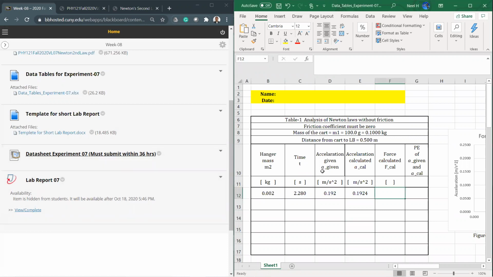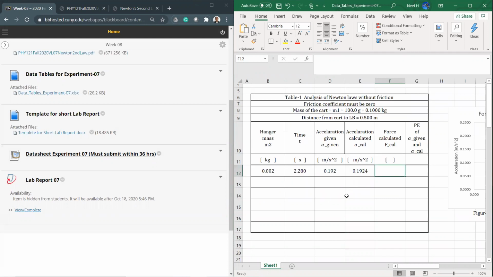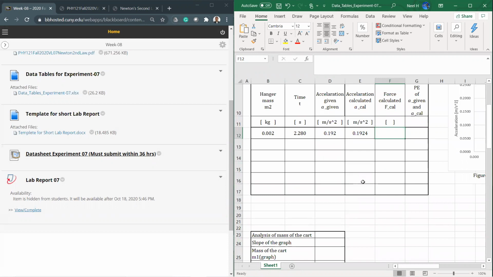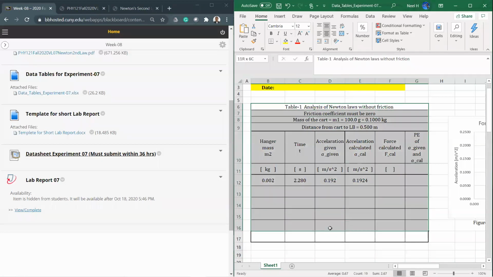Okay, and this is a lab class. I don't know why you are really not submitting the lab report, because the lab report is extremely simple. We're doing a short lab report. We're calculating all the data here. You just need to copy and paste this table one by one from here to a Word file and then write a discussion.